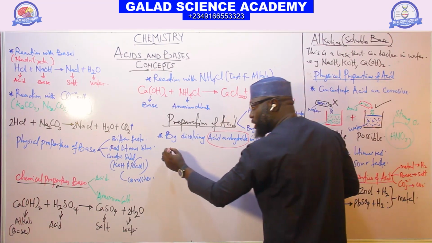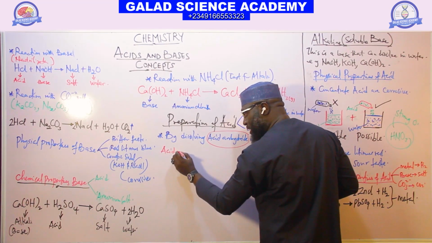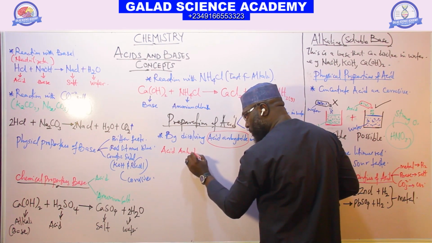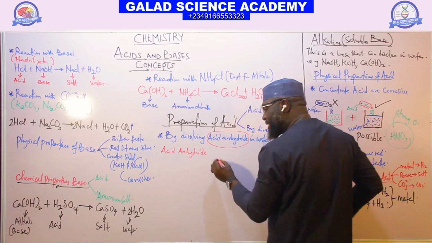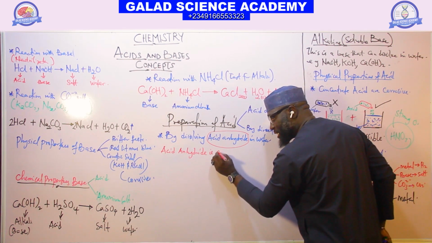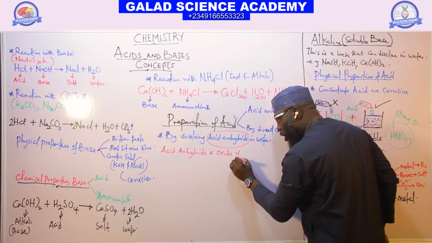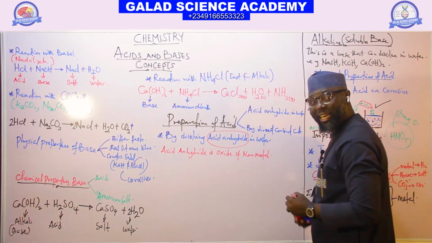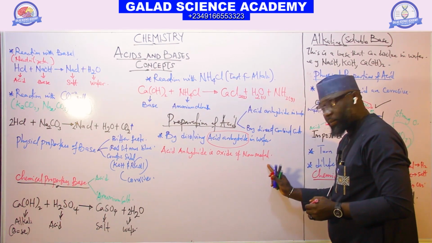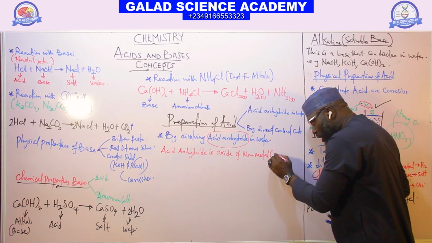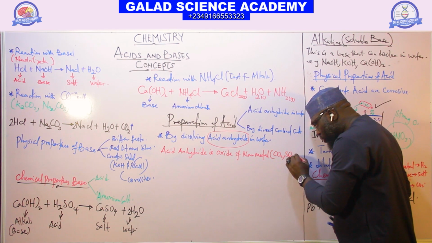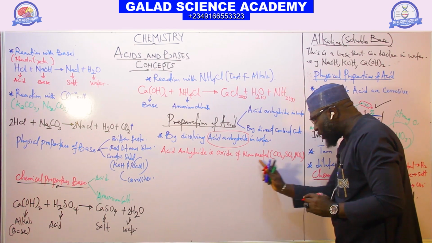The term acid anhydride is the oxide of a non-metal. Acid anhydrides are oxides of non-metals, such as CO2, SO2, NO2.